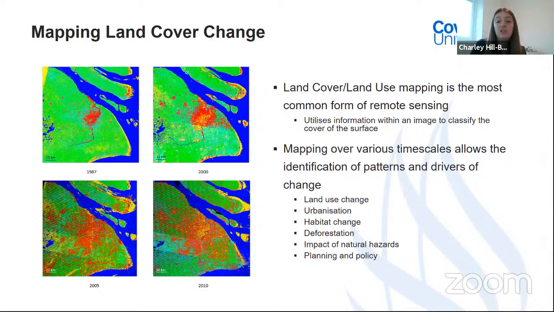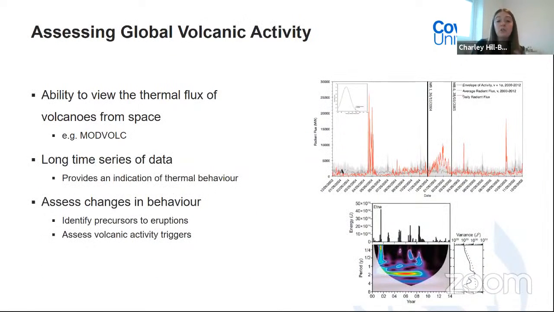Other types of information that we can collect then: this so far has been very much the information that we can see through visual interpretation. But we can also collect information that is perhaps not as easy to interpret through satellite image or visual interpretation.